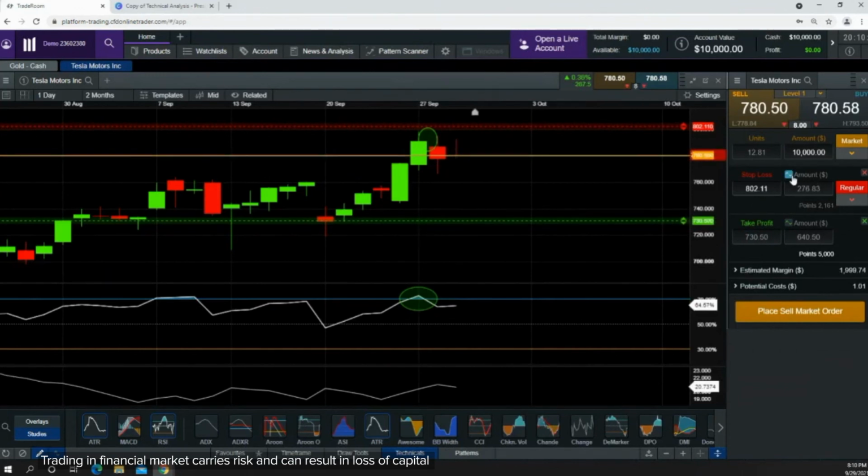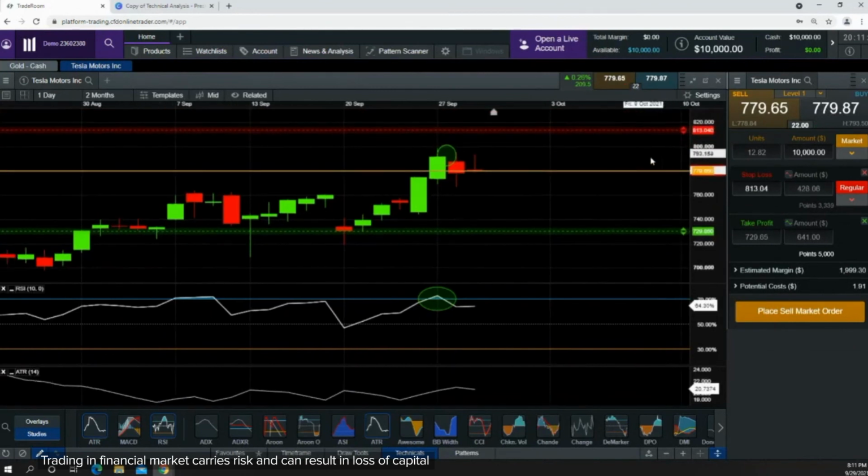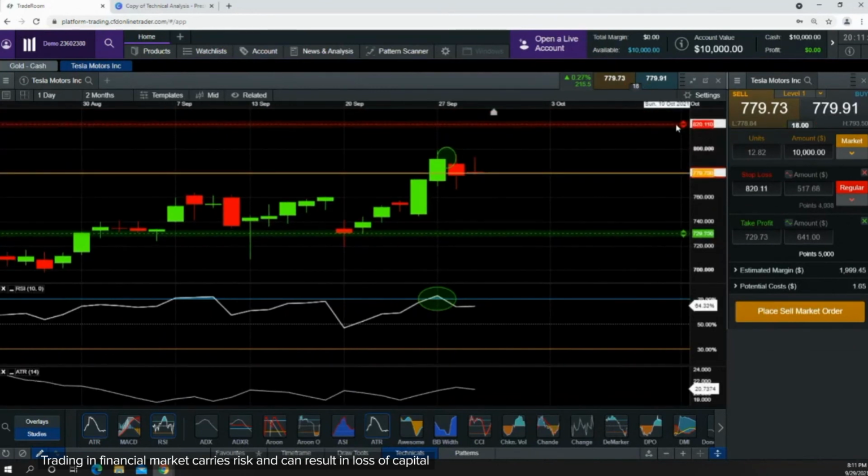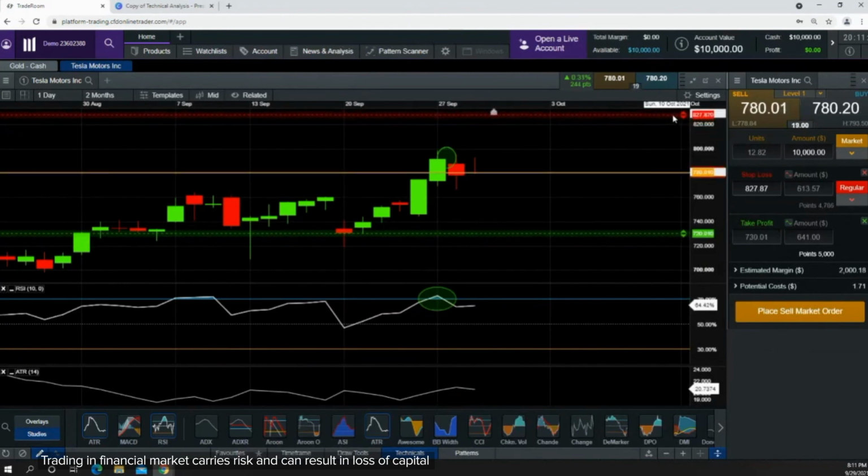At the same time, I will also keep a stop loss. The system is not allowing me to keep the stop, so let me do this manually, which would be much better. So about 50 points on the upside.